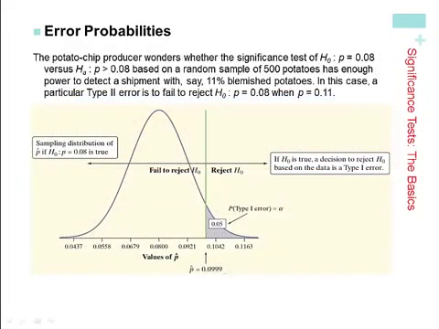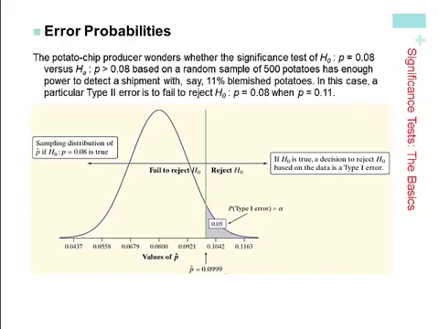So back to the example of the potato chips, and we'll take a look at a type 2 error here. The potato chip producer again wonders whether a significance test of H0: p = 0.08 versus the alternative p greater than 0.08, based on a random sample of 500 potatoes, has enough power to detect a shipment with, say, 11% blemished potatoes.